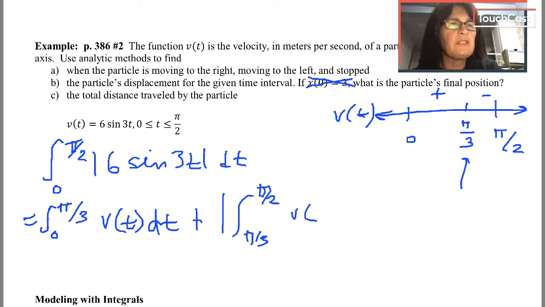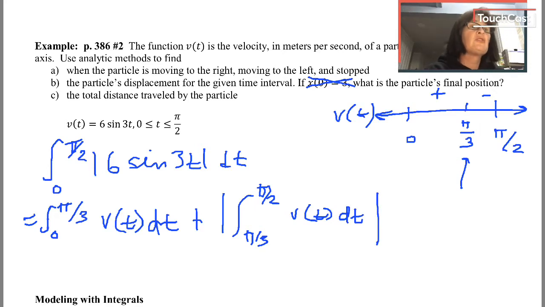I'm just going to call it v of t dt. And I know that result's going to be negative, so I'm going to put it in absolute value bars so that it becomes positive. So that's good. I know this antiderivative already.